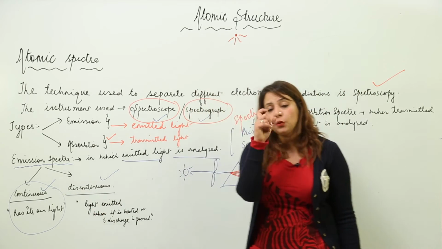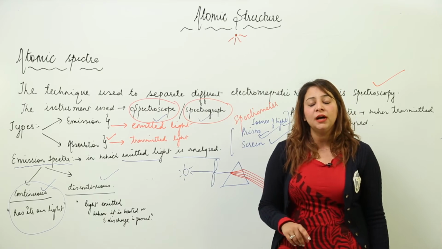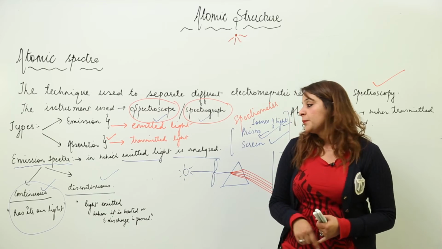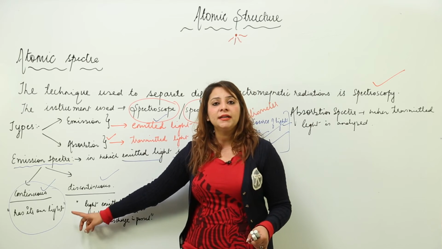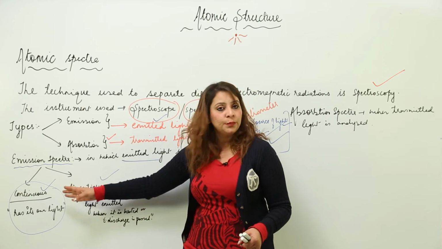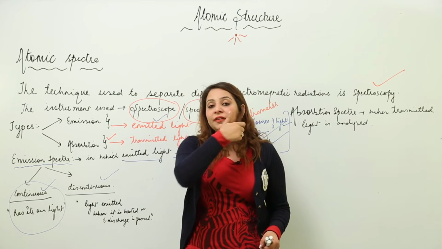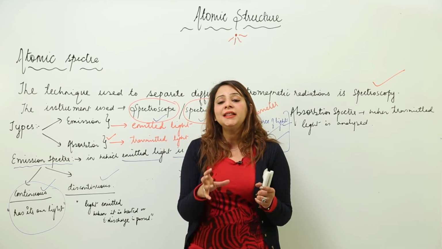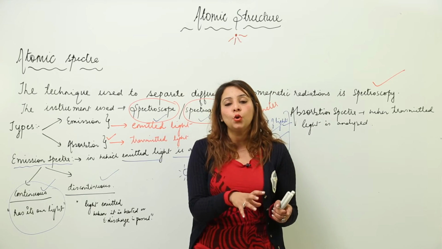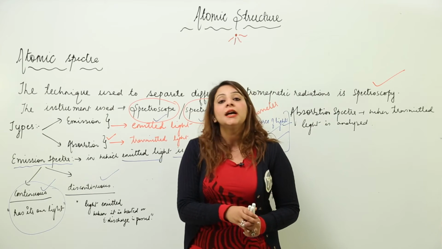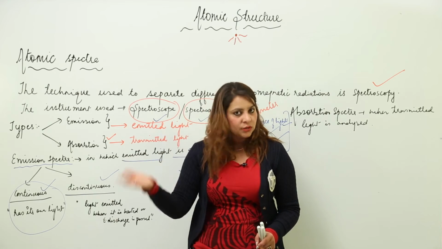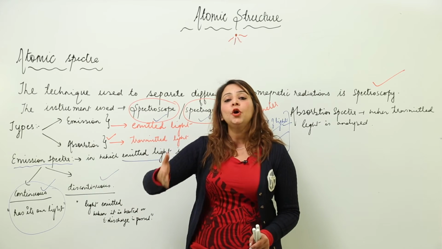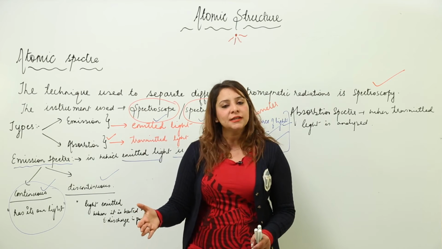When you get a question based on the continuous spectrum, you are going to write that a continuous spectrum is obtained when the source of light has its own light. When the emitted light of that source is passed through a prism, it undergoes dispersion and you obtain a band of colors on the screen.